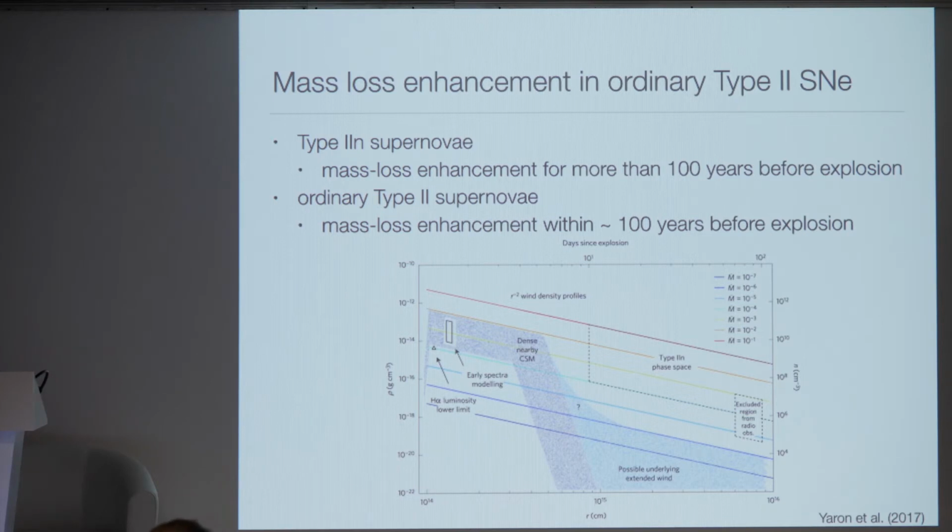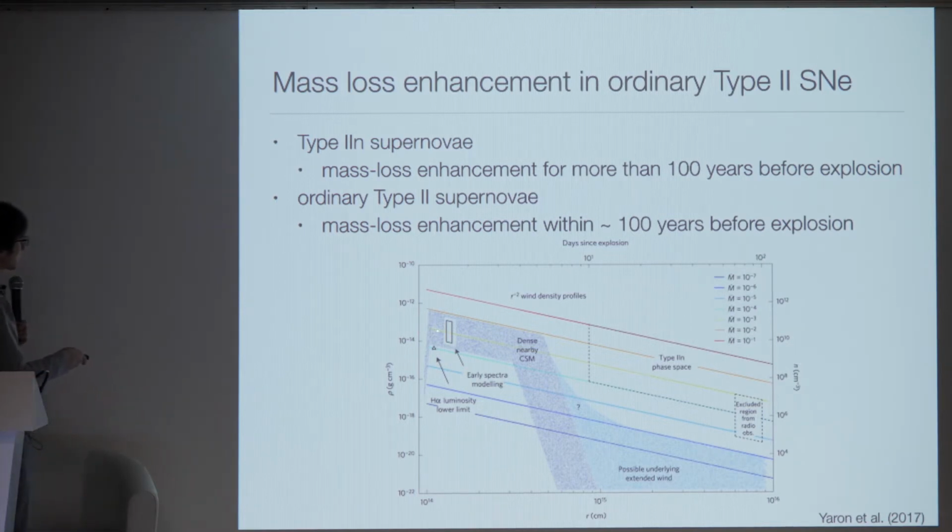But in the case of ordinary type 2 supernovae, this high density structure should be just above the progenitor. It shouldn't be extended, because if they are extended, these supernovae will become type 2n supernovae.